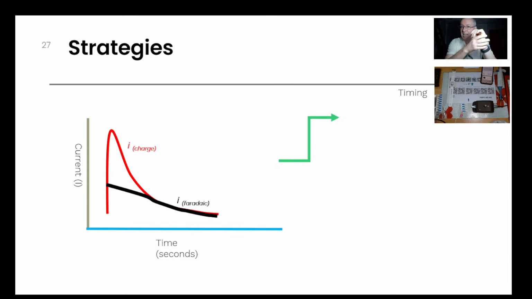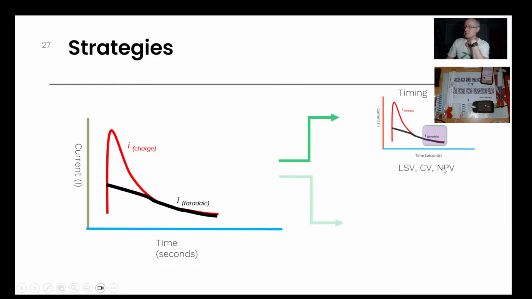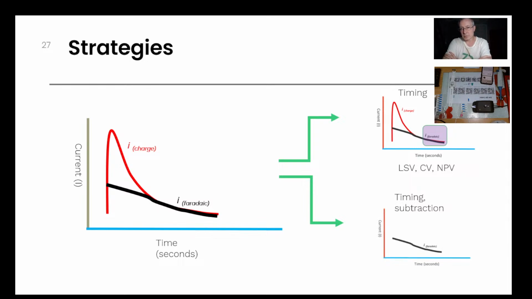So delaying, or playing with timing, is one way of getting rid of charging current. The other way is to play with timing and also to do a subtraction. Differential pulse voltammetry and square wave voltammetry play with timing, and they also do subtraction.